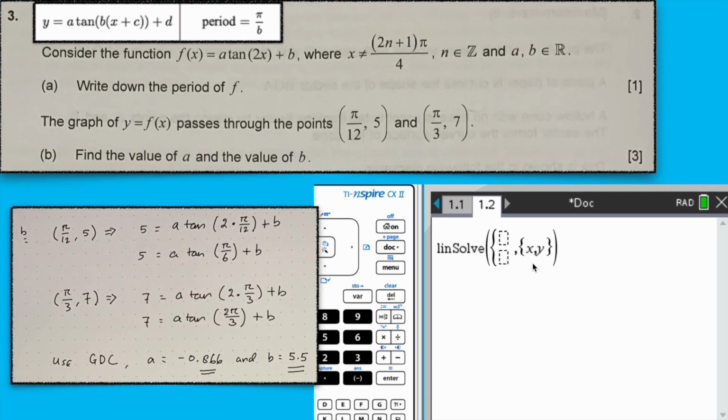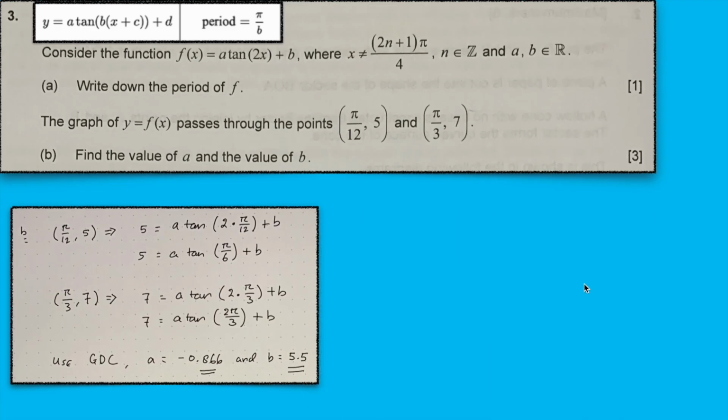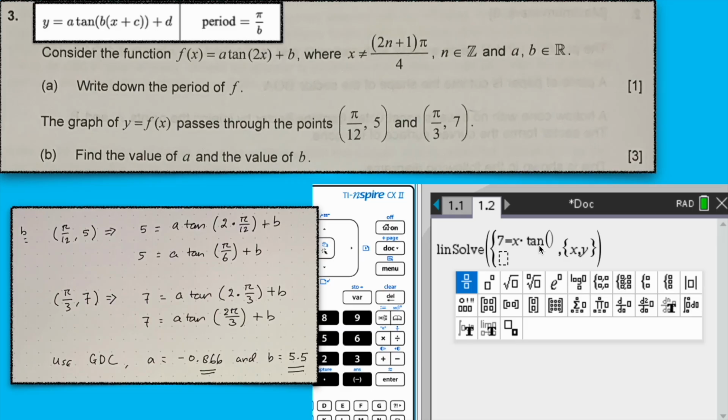Right, and then you're given this for you to type these 2 equations. Let's start with this equation. Okay, so we have 7 is equal to, I let a is equal to x multiplied by tangent. To find this tangent, click the trig button, then you can find that tangent there. All right, and then you have tangent of, here we have a fraction.